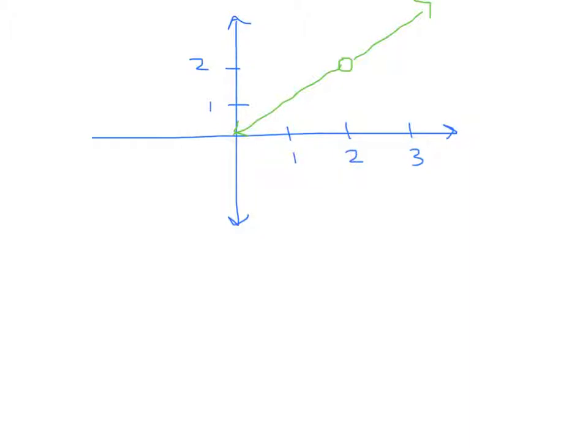A limit is asking, as I start to approach my x values, let's say I want to take the limit of this function as x approaches 2 from the left-hand side. So as I look at my x values, I notice that as I come in closer and closer to 2, I get really close to a y value of 2. So it appears that from the left-hand side, my limit is 2.